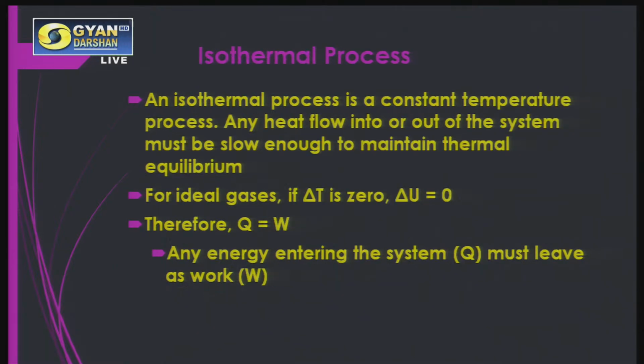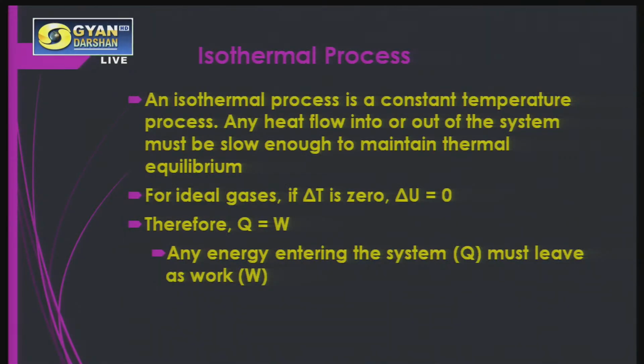If we talk about the isothermal process, we know that in the isothermal process temperature will be constant. So in delta U is equal to Q minus W, what will happen here? For ideal gases generally delta T is 0. So if delta T is 0, it means the change in internal energy is 0.